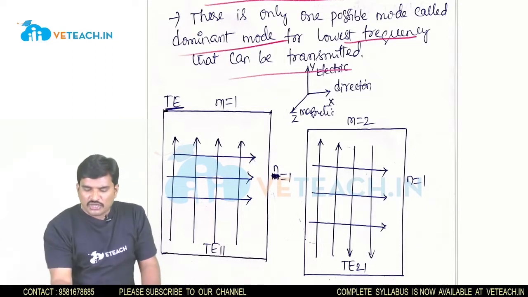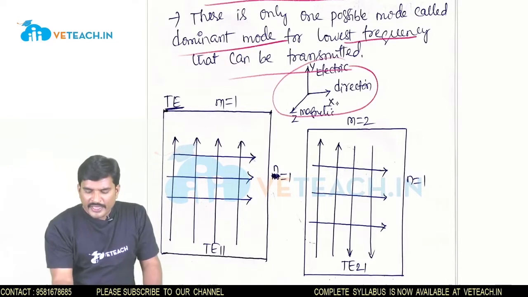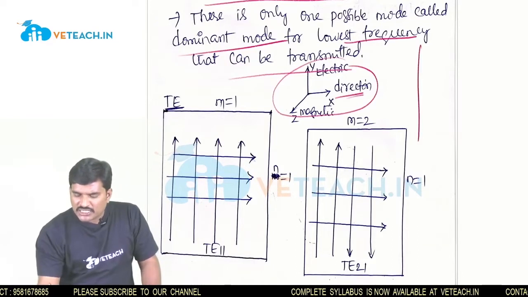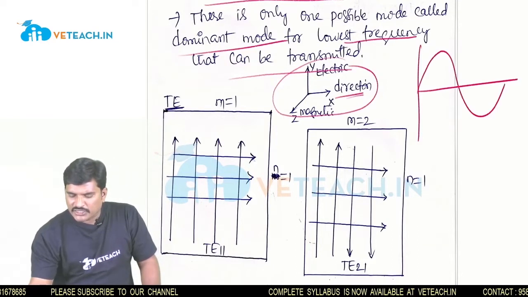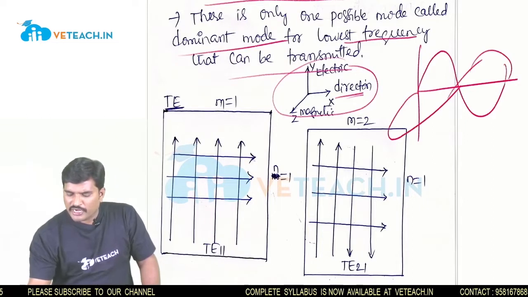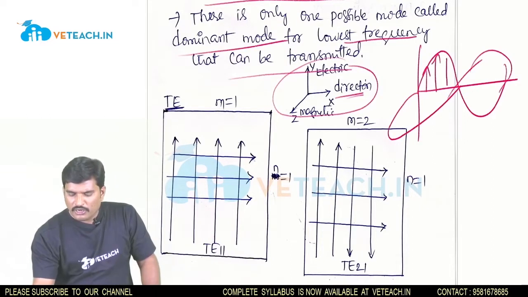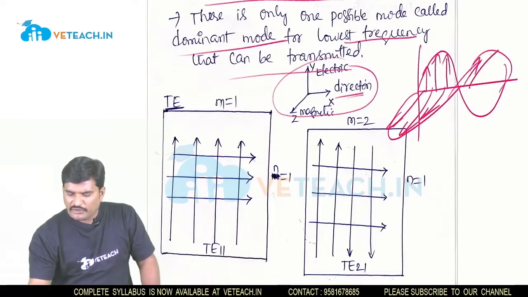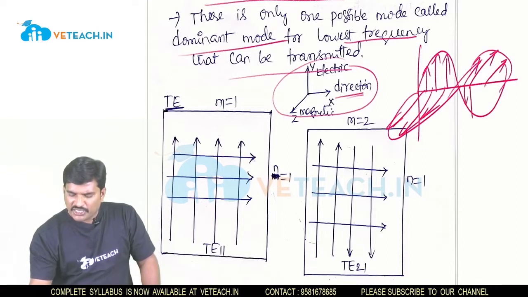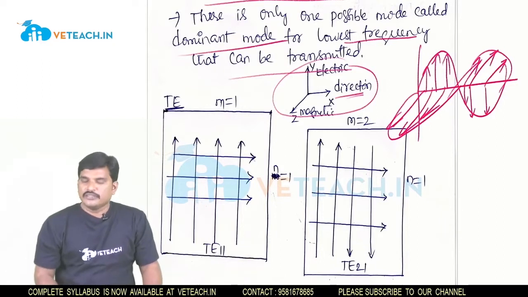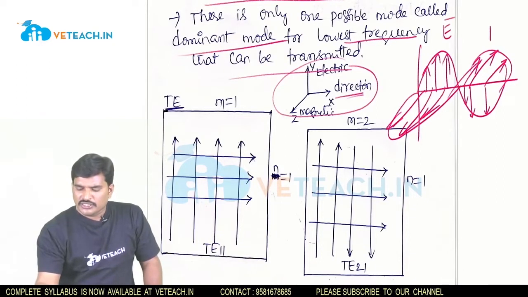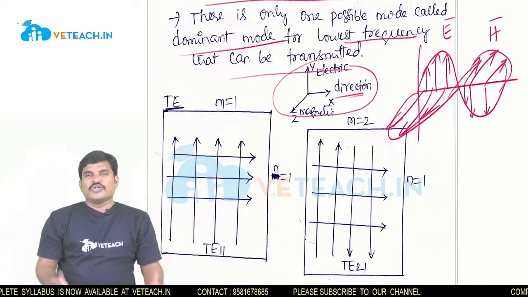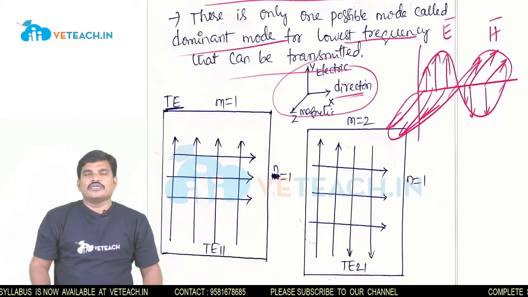Look at this on the three-dimensional plane. Let us think I have an electromagnetic wave like this. Because they are transverse to each other, the second wave is completely slanted from the first wave. This is the electric field and this is the magnetic field. Completely they are perpendicular to each other.